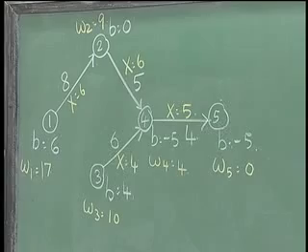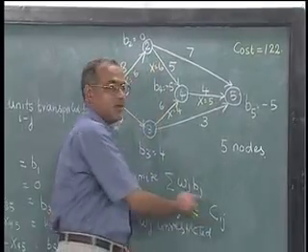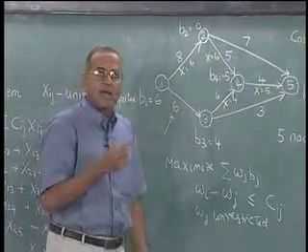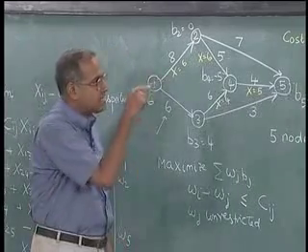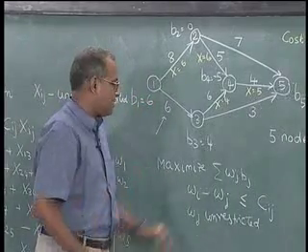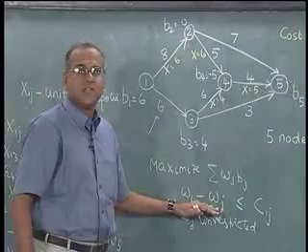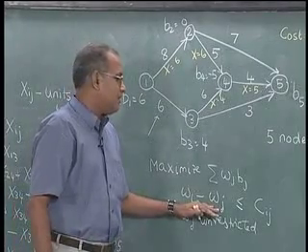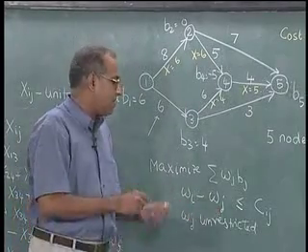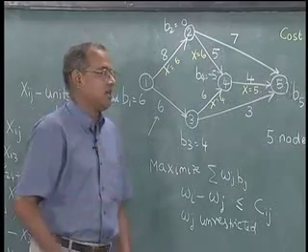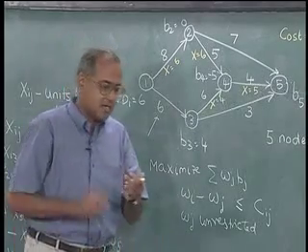Having found the W's, we now go back and verify with the non-basic arcs whether the dual constraint Wi minus Wj is less than or equal to Cij is satisfied, or alternately we find Wi minus Wj minus Cij for all the non-basic arcs.